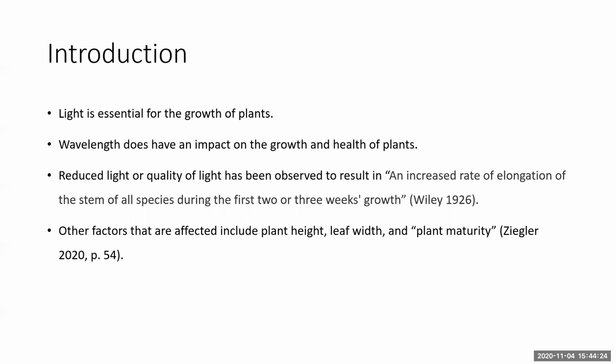It has been shown that reduced light or quality of light has been observed to result in an increased rate of elongation of the stem of all species during the first 2 or 3 weeks of growth, as one study indicates. Other relevant factors that are affected are plant height, leaf width, and plant maturity, as noted in another experiment.